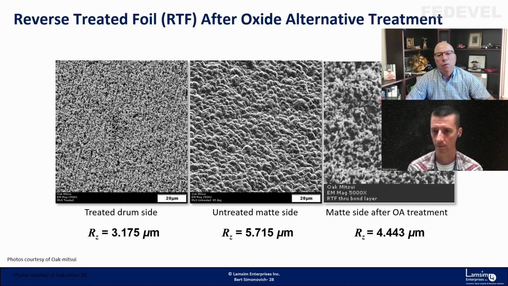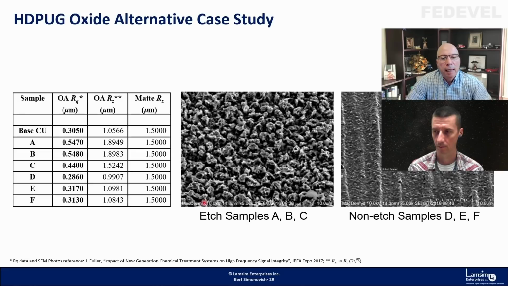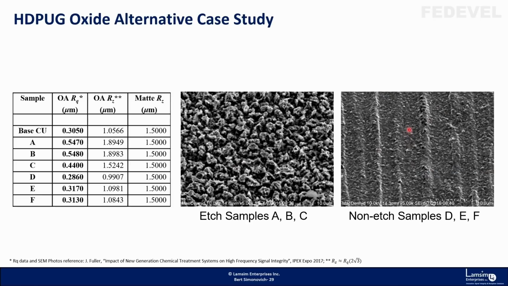That's what the surface looks like after the oxide alternative etching. And here's a comparison between an etching kind and a non-etch type. As we're going to higher speeds, people are starting to look into this to be used at the board shops. But it all factors in when we're doing our modeling.